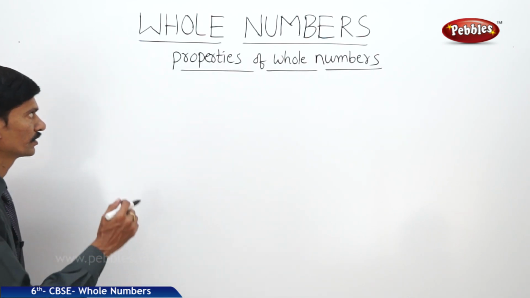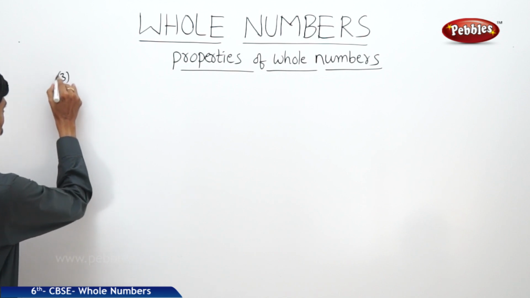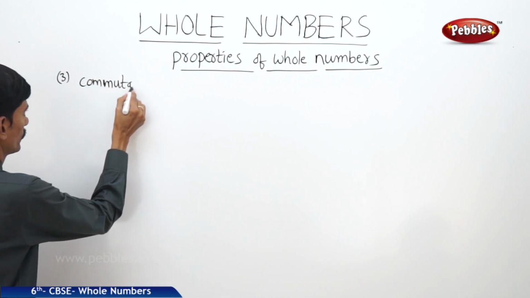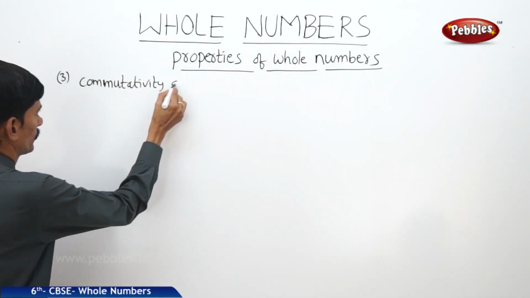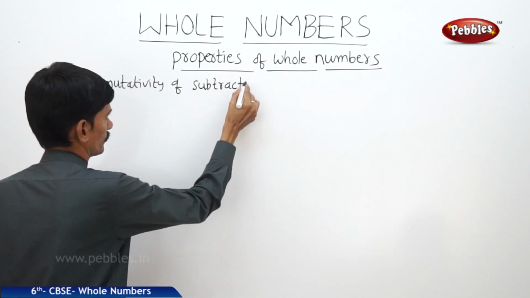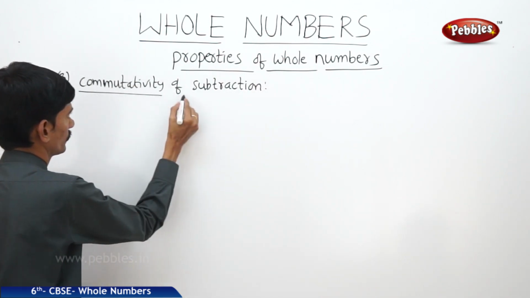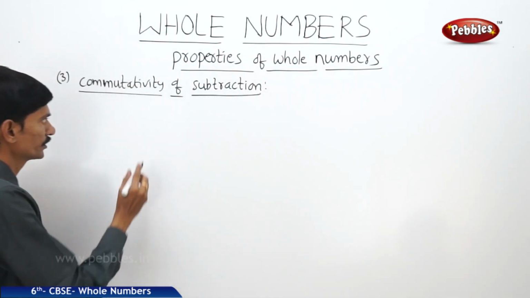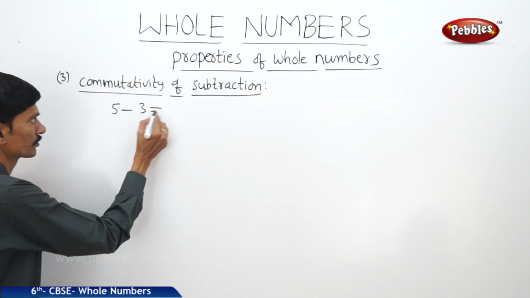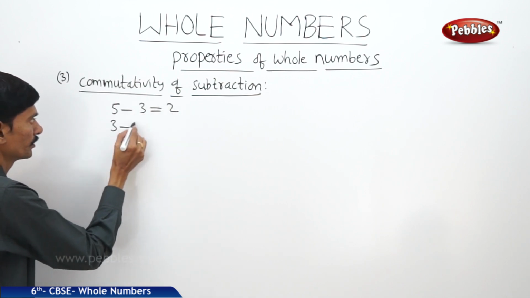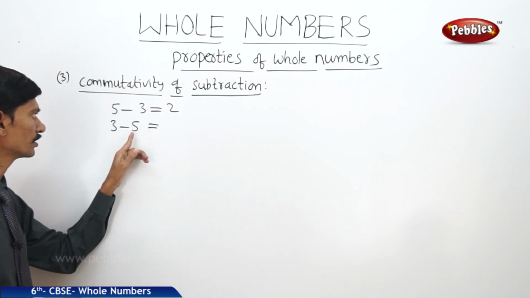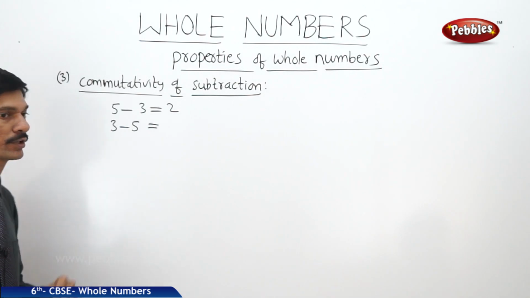Now the third property, commutativity of subtraction. If you take two whole numbers 5 and 3, then 5 minus 3 equals 2, but for 3 minus 5, we cannot subtract a larger number from a smaller number, as far as we have learnt.